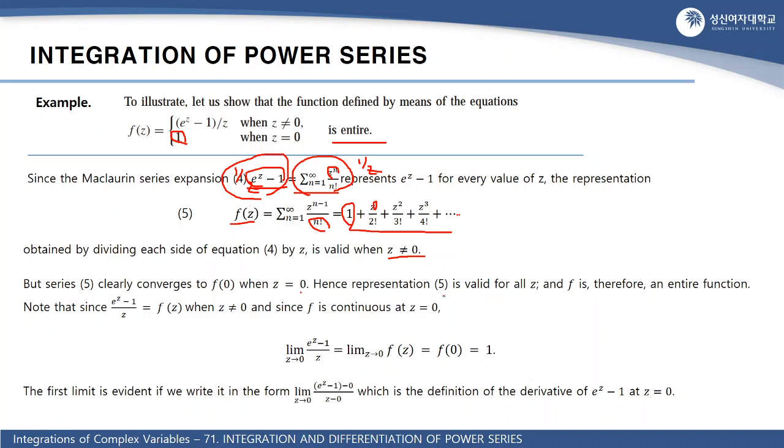Hence, representation 5 is valid for all g, whether g is equal to 0 or not. And f is therefore an entire function. Okay? f of g is an entire function. We just proved.